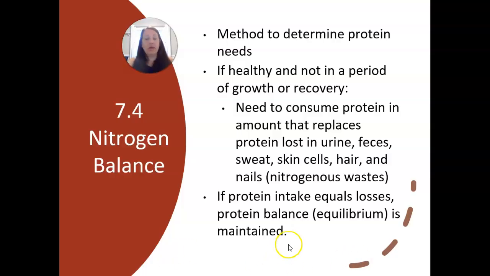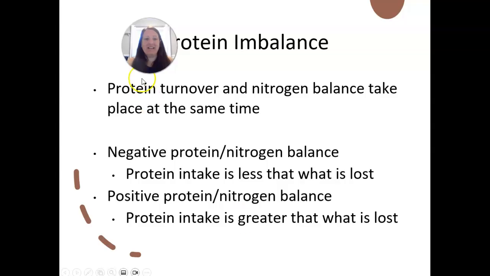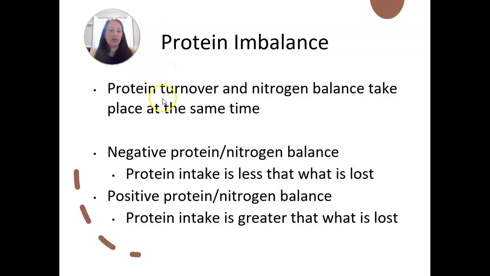Okay, what if that's not the case? So again, protein turnover and nitrogen balance, how much you take in versus how much you lose, happen at the same time. So again, we have equilibrium, protein balance, and then we have negative protein or negative nitrogen balance. This is when protein intake is less than what is lost.